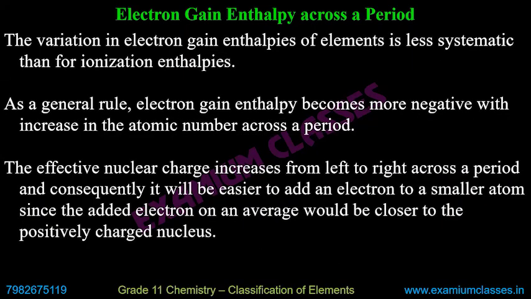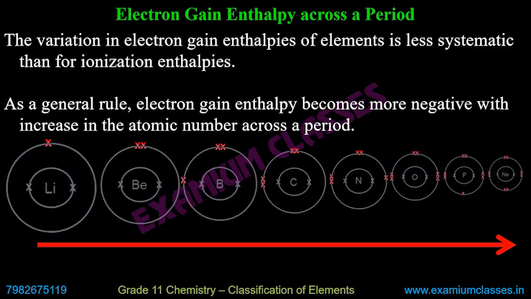Now, why does it happen? It happens because the size of the atom decreases across the period. If one electron enters here, there will be higher interelectronic repulsion in this case, and there will be high interelectronic repulsion in this case also. So higher interelectronic repulsion will be in both cases. But what prevails and outweighs is the force of attraction when an electron enters the atom.